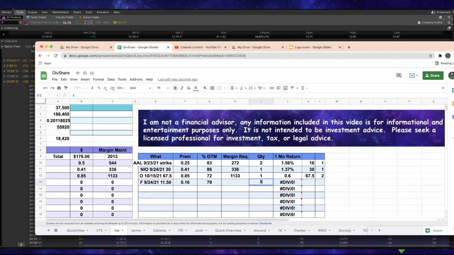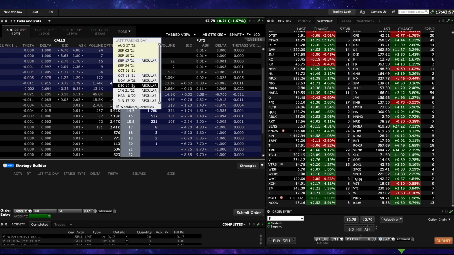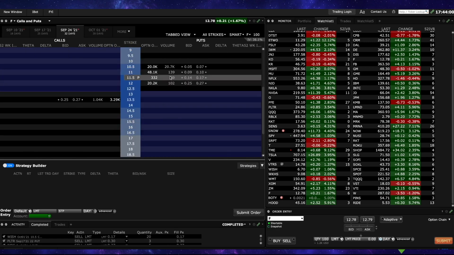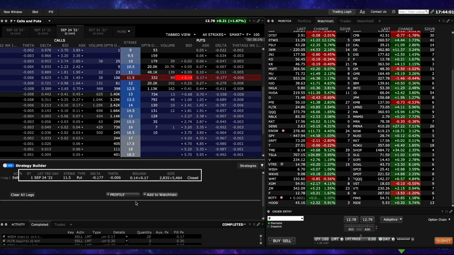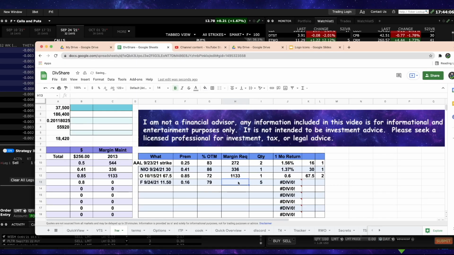What's the margin requirement for this? 24. Click sell. $256 per contract. So about a 1% return per risk. Sorry about that cough.